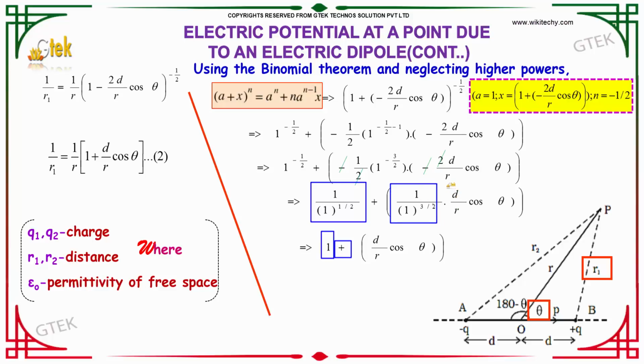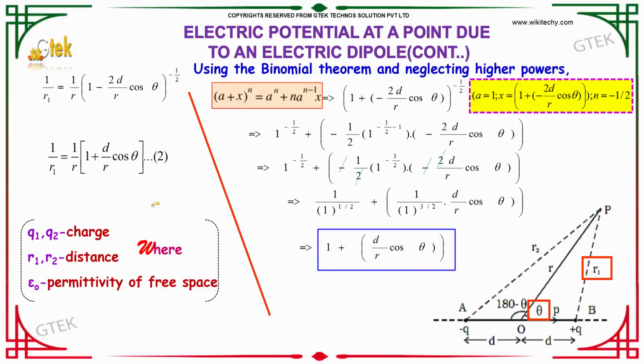So we will be getting d divided by r cos theta. So from this we yield the second equation, that is 1 divided by r1 equal to 1 divided by r multiplied by 1 plus d by r cos theta.